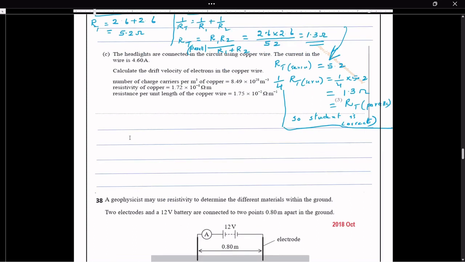Now let's see the next part of the question. The headlights are connected in the circuit using copper wire. Calculate the drift velocity of the electrons in the copper wire, given the number of charge carriers, resistivity, and resistance per unit length of the wire.